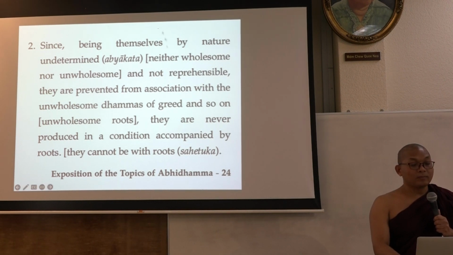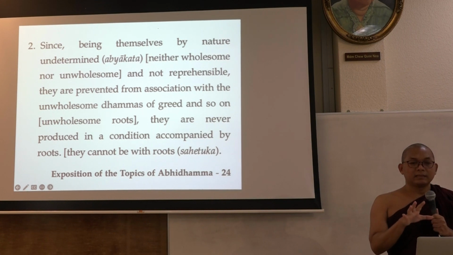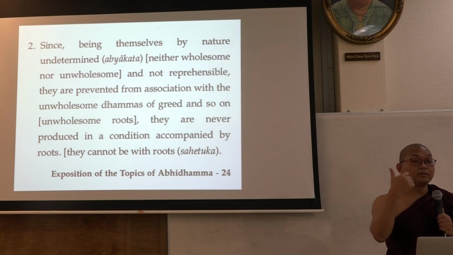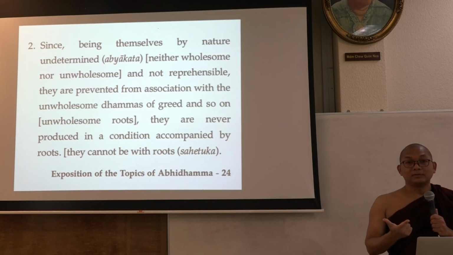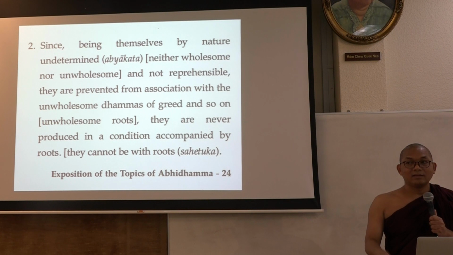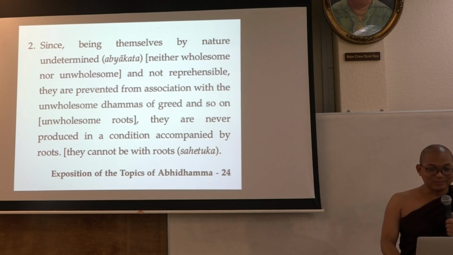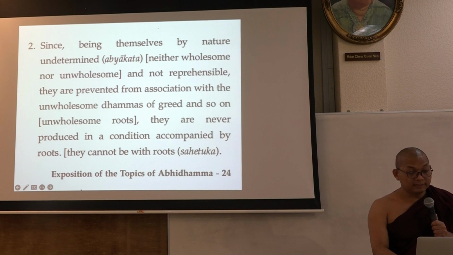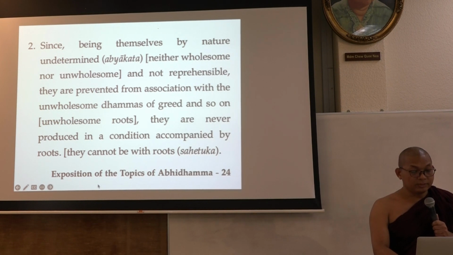So therefore, the moment the seven unwholesome resultant cittas arise, there's no good root or bad root, no root at all. For that reason, for akusala vipaka citta, there is only ahetuka, right? No sahetuka. If you don't understand, okay, don't worry. If you want to know further, you go to this book, Exposition of the Topic of Abhidhamma, page number 24.